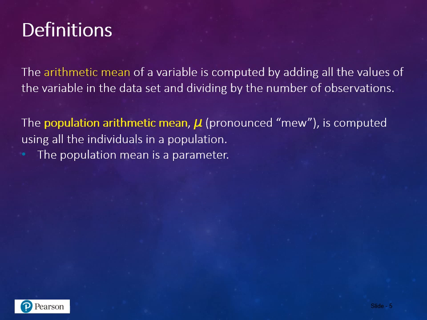The population arithmetic mean, and this is the symbol for it, is the Greek symbol mu. Any of you that are Pokemon fans might remember Mu. Mu is computed using all the individuals in a population.